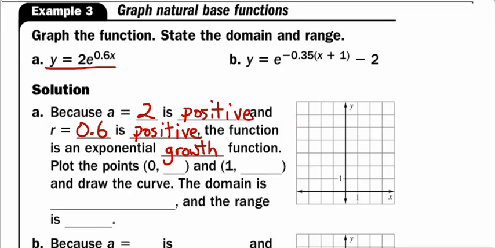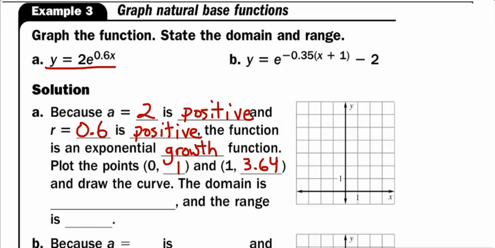Now, we can plot the points. You need a calculator for this because it's some sort of decimal version with e, so you're kind of stuck using a calculator. You got 0 comma, I said 1, that was false, I apologize.